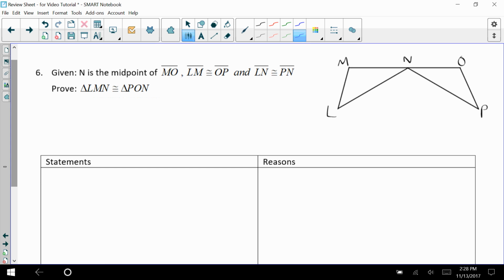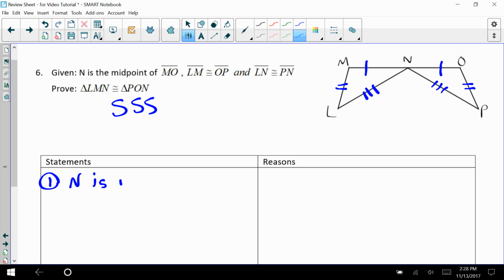Okay, so this one, if N is the midpoint of MO, then we can mark those congruent. And then LM and OP, then we know LN and PN. So we want to prove these triangles congruent. We have all three sides, so we know it has to be side, side, side.